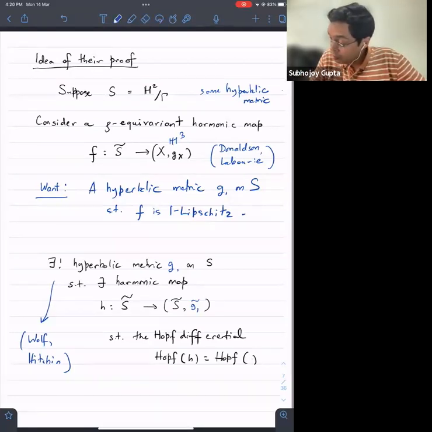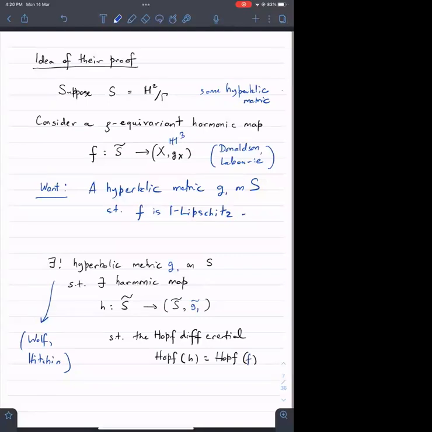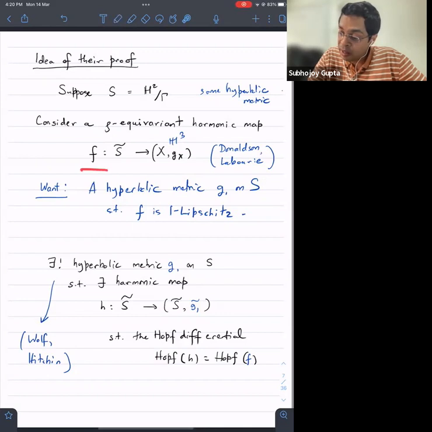Yes. But this is the Hopf differential of F. So this was a harmonic map you started off with that has a quadratic differential associated with it called the Hopf differential. And you want that to match with the Hopf differential of this harmonic map H to this target space with a hyperbolic metric.